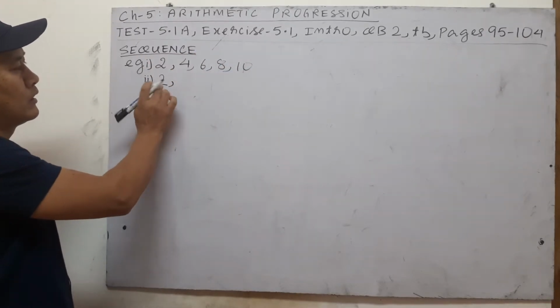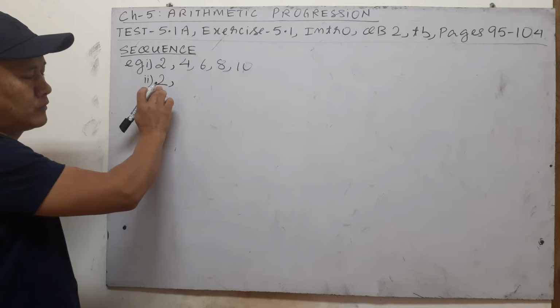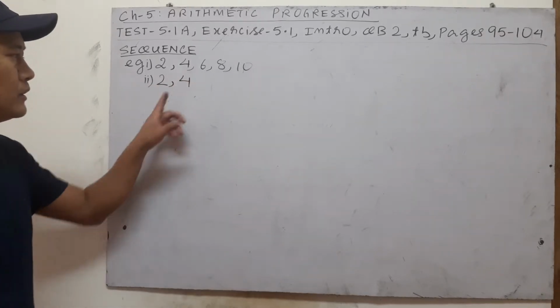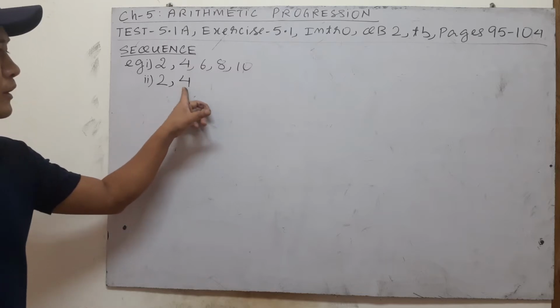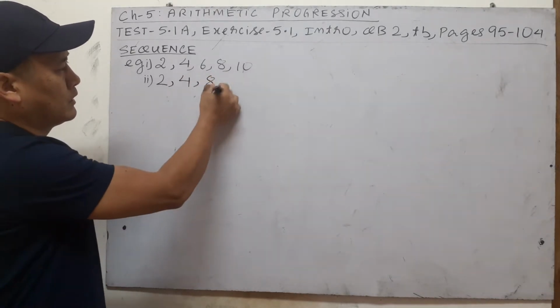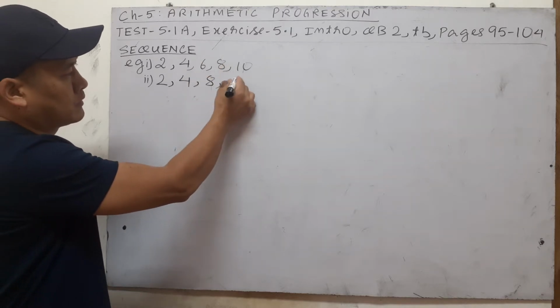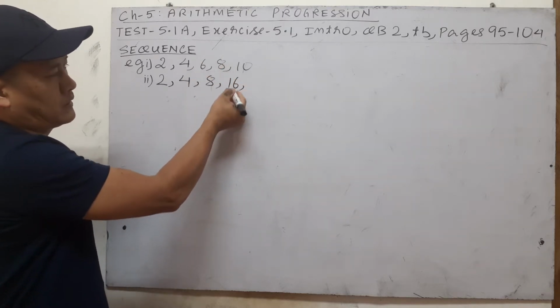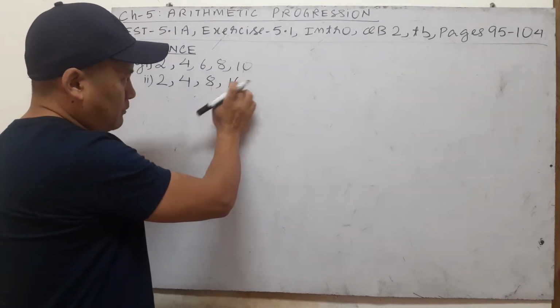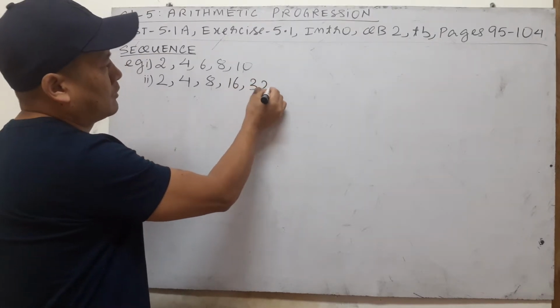So 2 to itself means 2 plus 2, 4. Then add 4 to itself, 4 plus 4, 8. Add 8 to itself, 8 plus 8, 16. And add 16 to itself, 16 plus 16, 32.